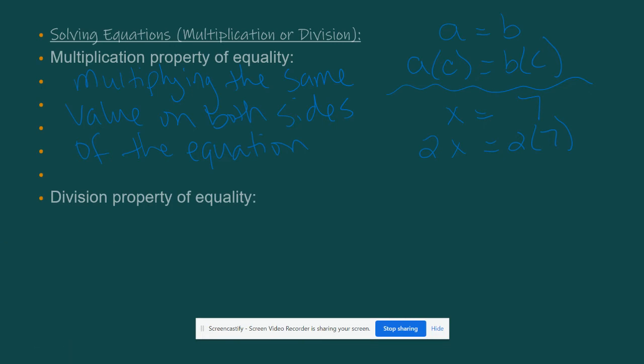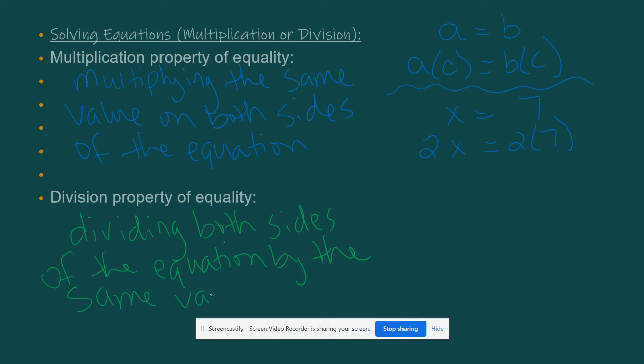Division property of equality is dividing both sides of the equation by the same value. Again, with our a and b, a over c and b over c would have to be the same thing.